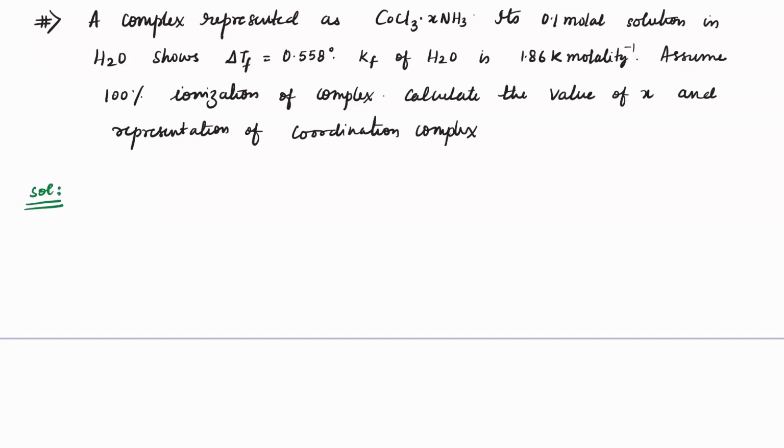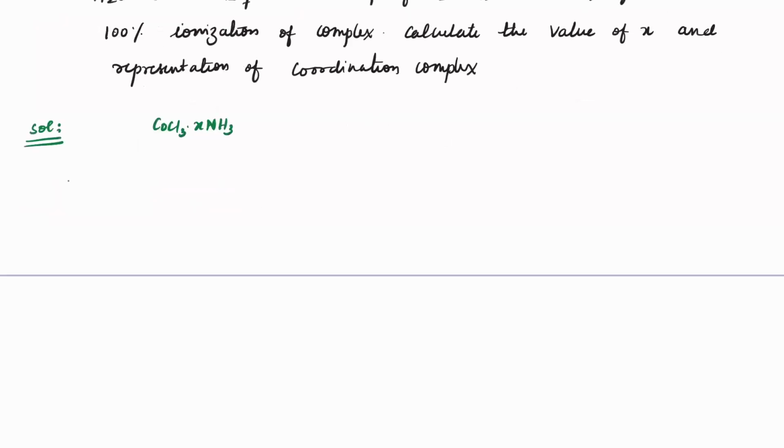We have CoCl3 dot x NH3. This is the complex given. So first you have to understand, suppose if x is equal to 3, what will be the case? The complex would be like this: 3 and 3, and that's it.